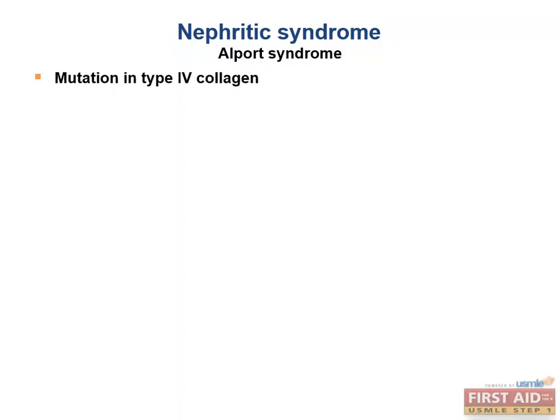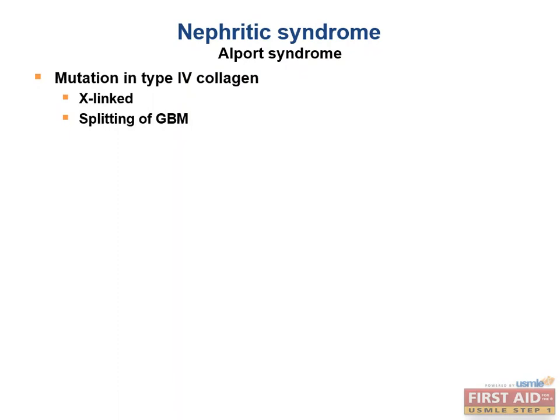Last is Alport syndrome, which is due to a mutation in type 4 collagen. Now, is it somatic or sex-linked? The answer is it's sex-linked, specifically X-linked mutation in type 4 collagen. And this mutation leads to a splitting of the glomerular basement membrane.